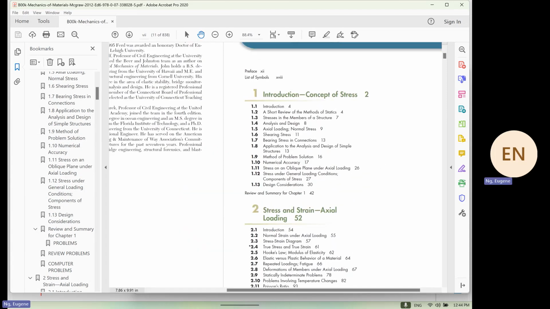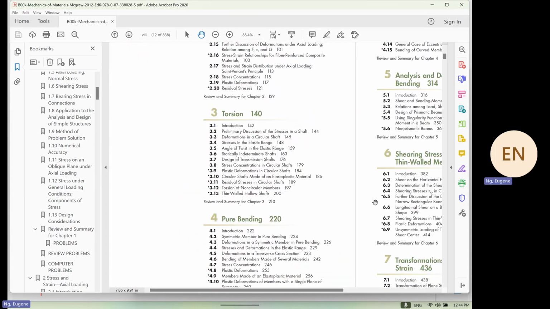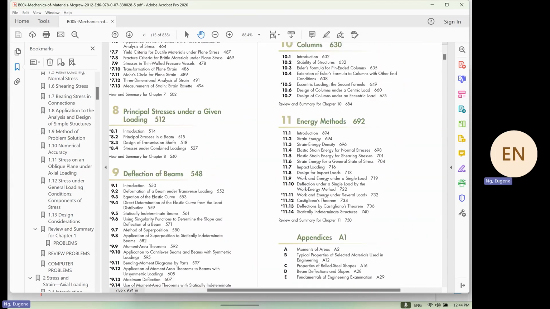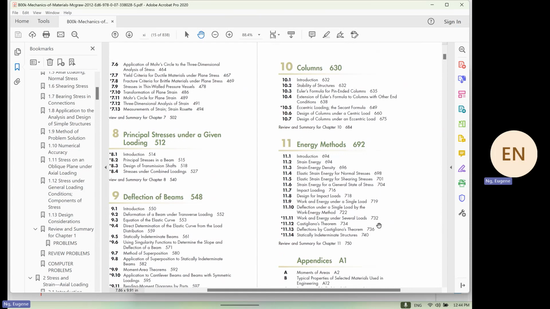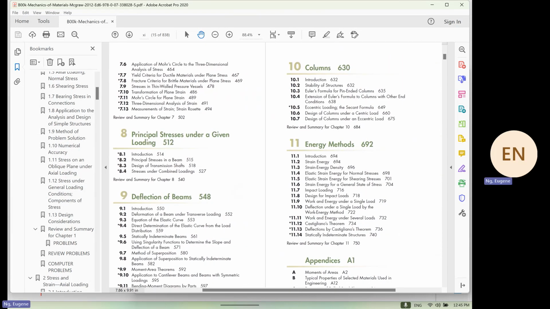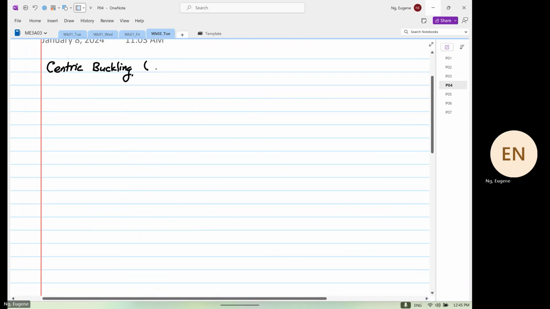Chapter 1 is understanding the concept of stress and strain, which is too easy for you. We're going to start off with columns. Can you see columns? Today I'm going to start from chapter 10, because chapter 10 is one of the most difficult topics, very abstract, and you have not seen it before. So in terms of textbook, this refers to chapter 10.